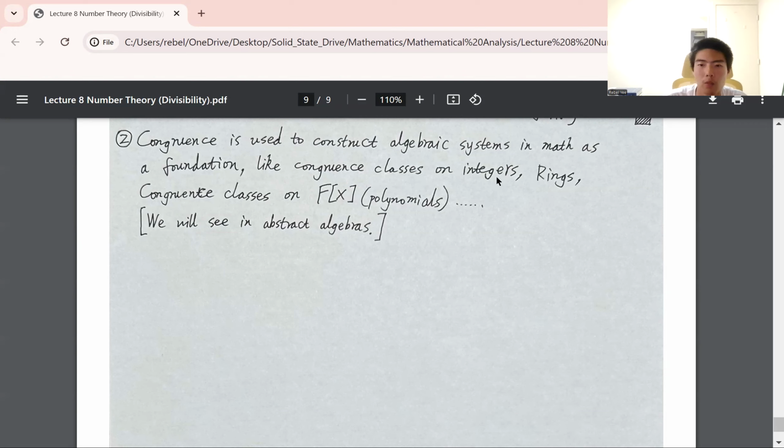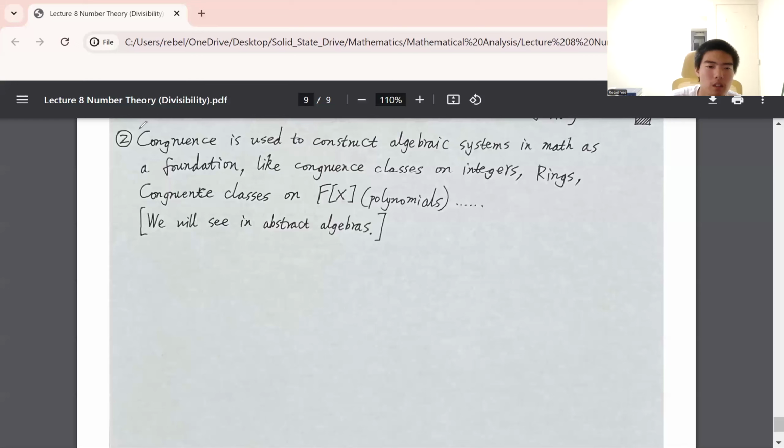And aside from rings, we have polynomials, and we can form congruence classes on polynomials with the same logic as congruence classes on integers. And there are also ideals, some more complex mathematical structures. So this is how congruence is used.